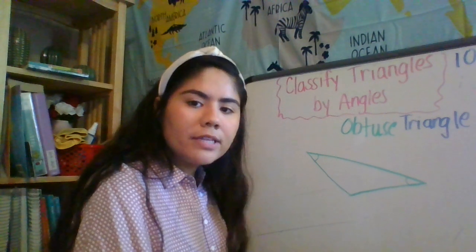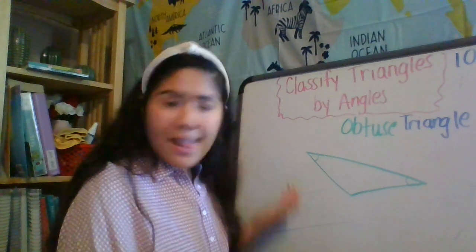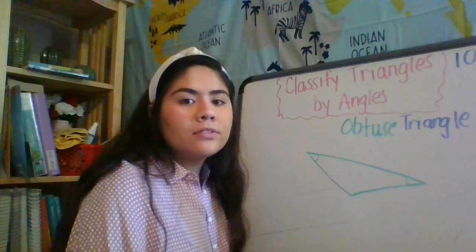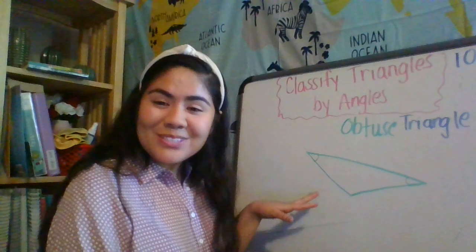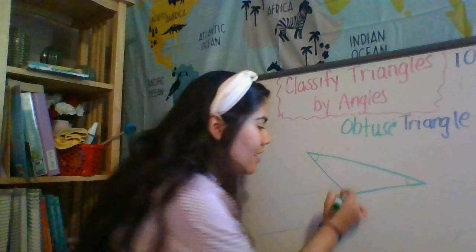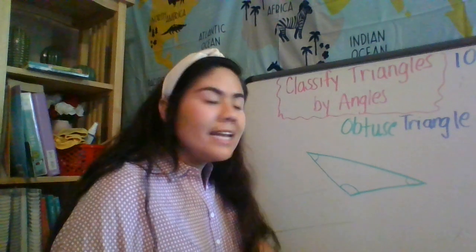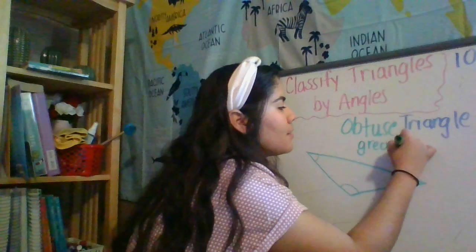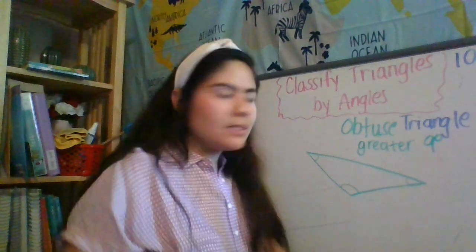So you could say, well, can't that be an acute triangle because it has small angles? It can't be because in an acute triangle, all the angles need to be, well, I don't want to get too far ahead. But anyways, this is an obtuse triangle because it has one obtuse angle. And we know that an obtuse angle is greater than, think about it, greater than a right angle, so greater than 90 degrees.